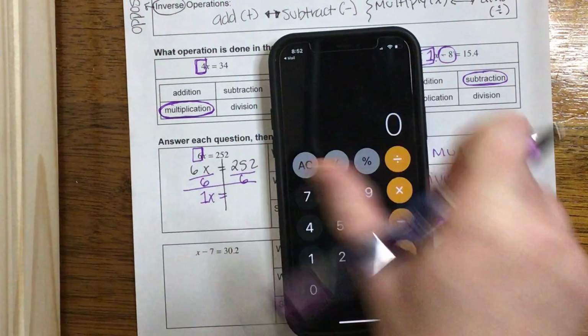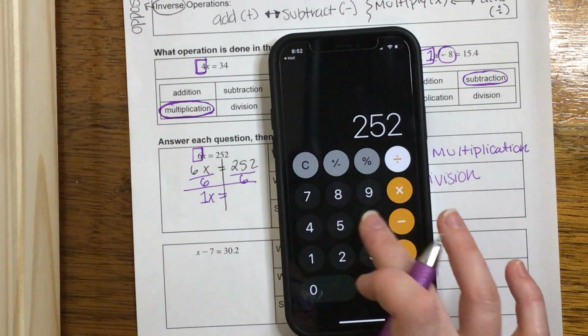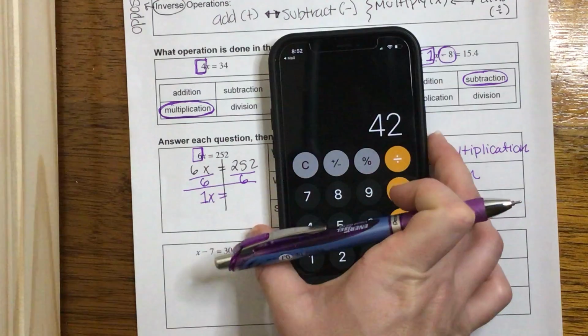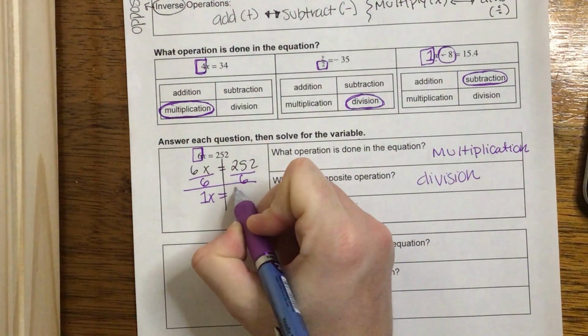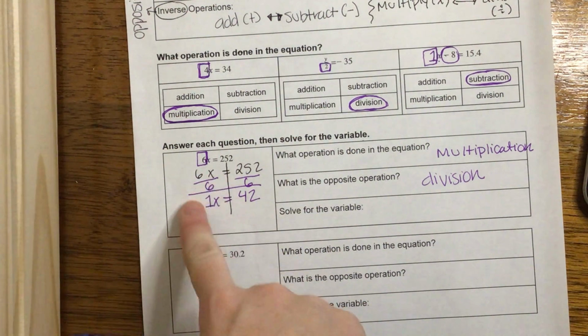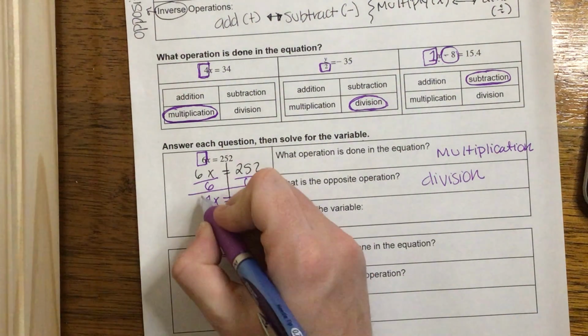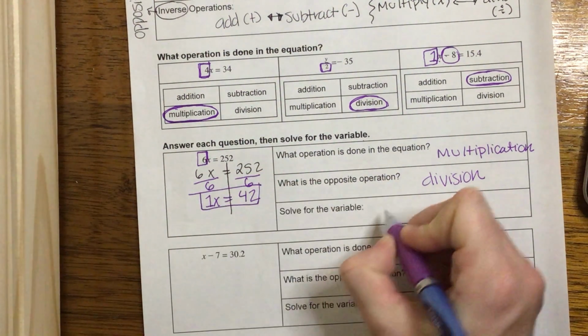Then use your calculator. 252 divided by 6 is 42. So I got the variable by itself, I got 1x. I have all the other numbers on the other side. So 1x equals 42.